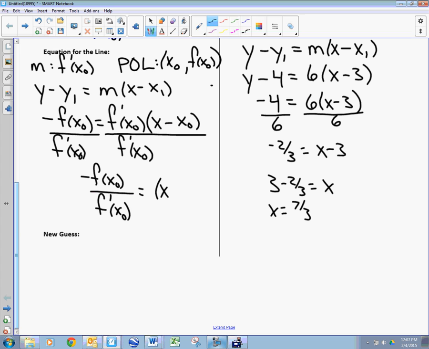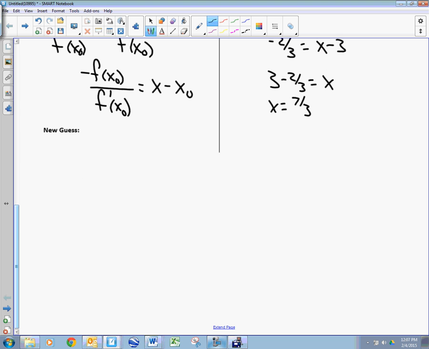I'll get rid of the parentheses since it's by itself. Now what? Add it over. And what we get is this expression: x sub 0 minus f of x sub 0 divided by f prime of x sub 0 is equal to x. So we will call that our new guess, x sub 1.